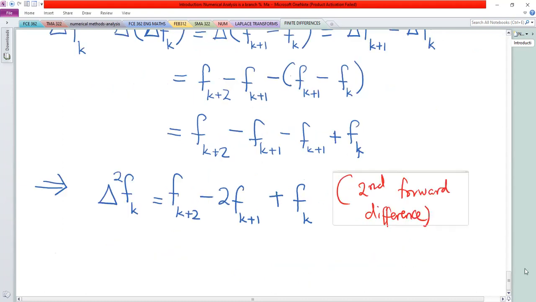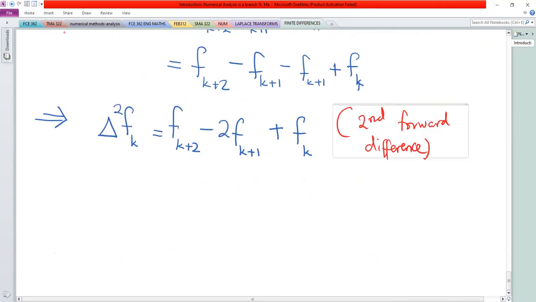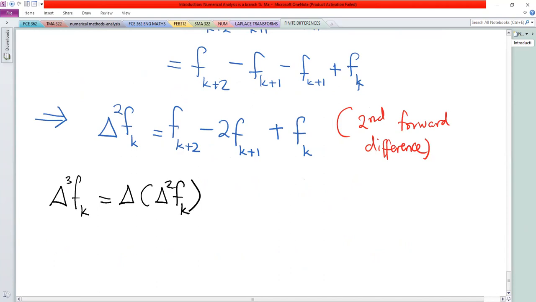Now, similarly, let's define the third forward difference. So for the third forward difference, the power of the operator will be 3. Fk, by definition, is the same as forward of the second forward of Fk. Law of indices, 1 plus 2 gives 3. So this will be forward of, we have defined this one as Fk plus 2 minus 2 Fk plus 1 and then plus Fk.